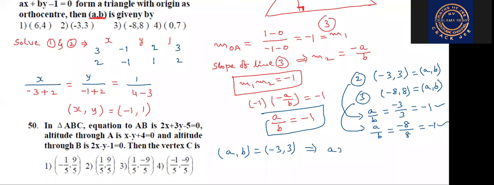What is the line? Ax plus by minus 1 is equal to 0. Substituting, minus 3x plus 3y minus 1 is equal to 0. This is 3x minus 3y plus 1 is equal to 0. This is the third equation.